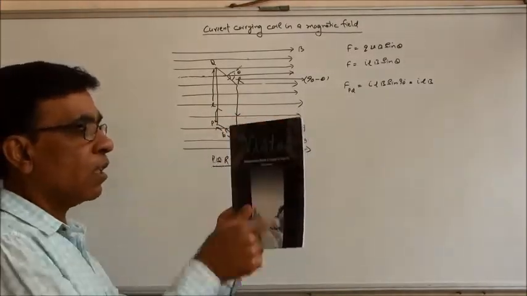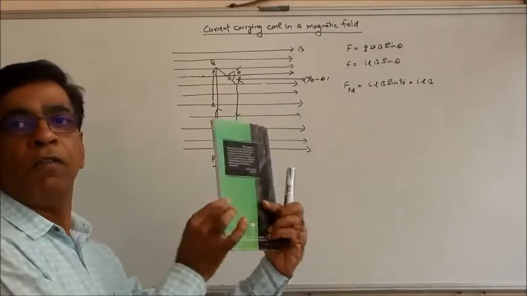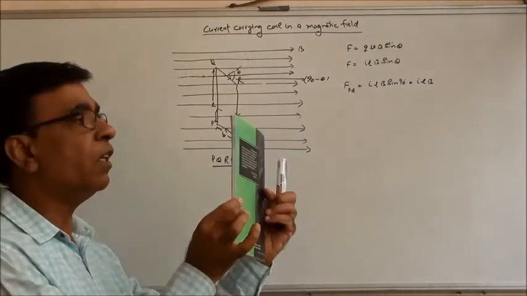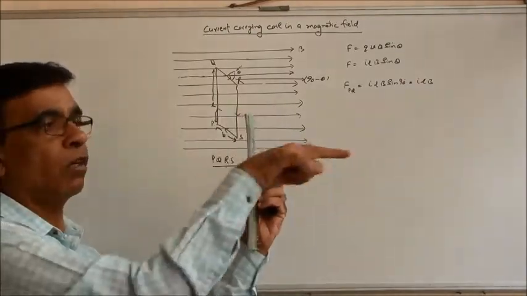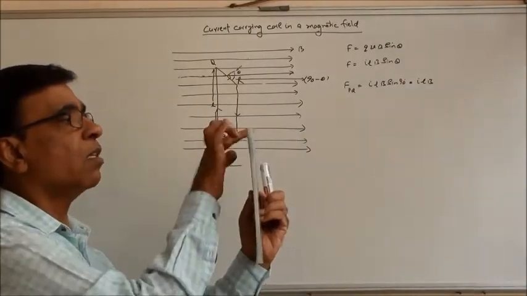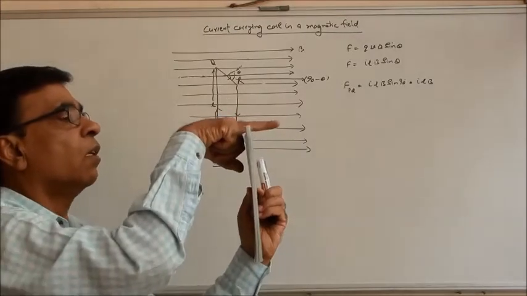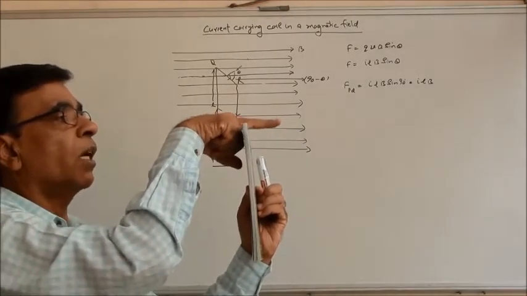It is only this and this of which the angle will change with the field if I change the orientation. Otherwise this and this, they are always perpendicular to the field, right? But this will change.